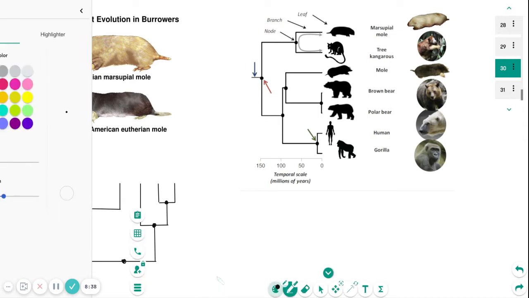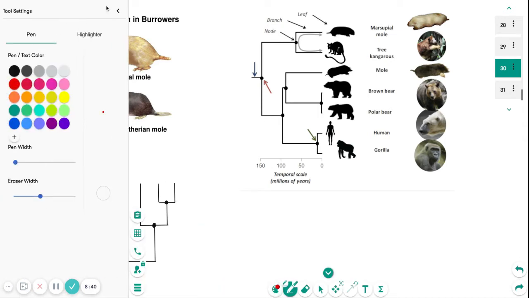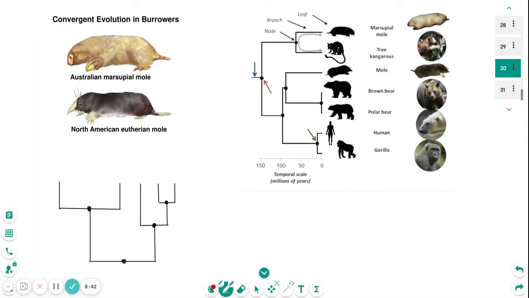So let's just call this species A and species B. Just by the way they look, you might say that they had a common ancestor, and at some point they diverged and became slightly different species.